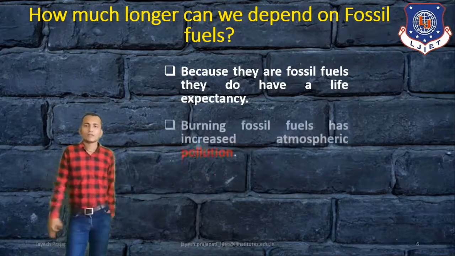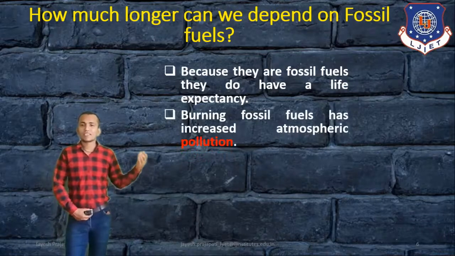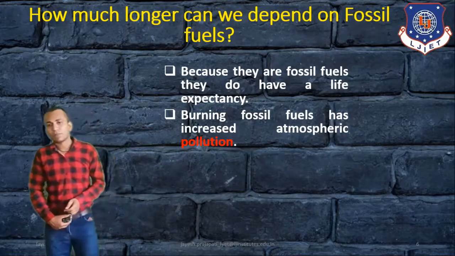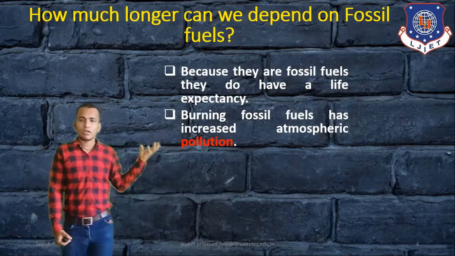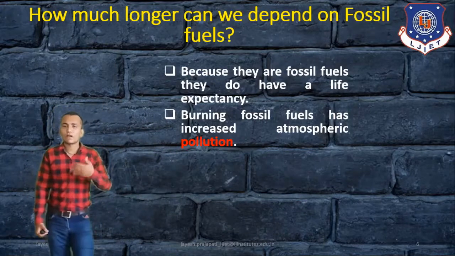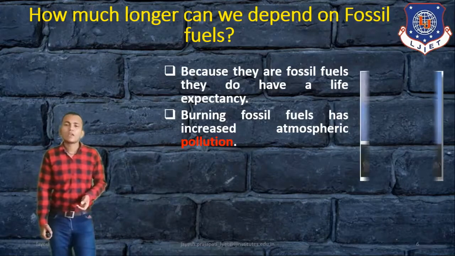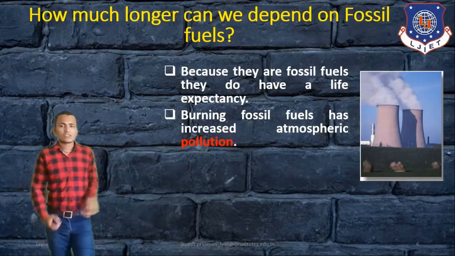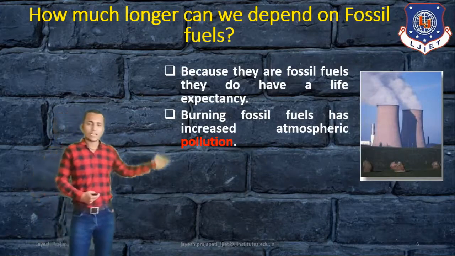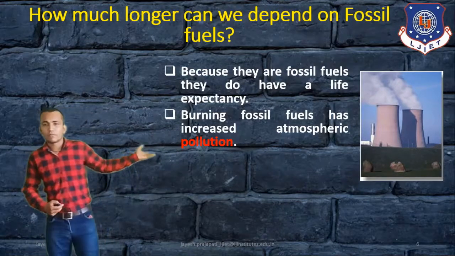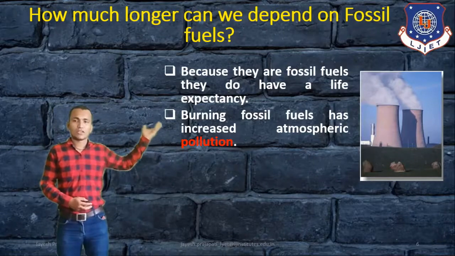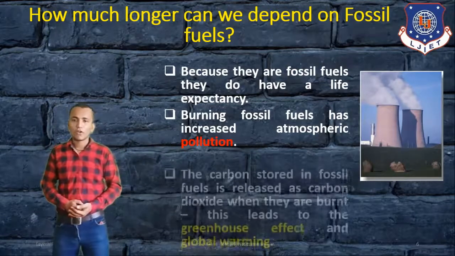Burning the fuels has increased atmospheric pollution. Whenever we use this kind of fuel, it produces pollution in the atmosphere. That is a feature of thermal power stations, which generate energy by burning fuels and thereby generate air pollution.